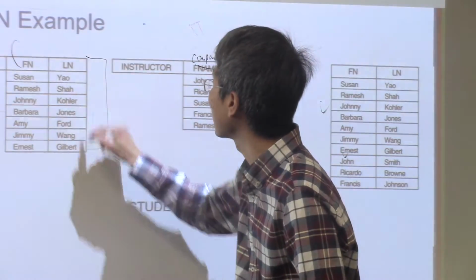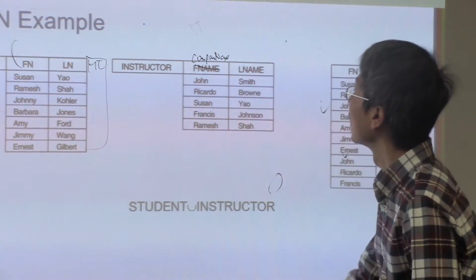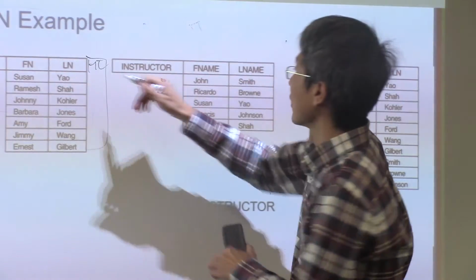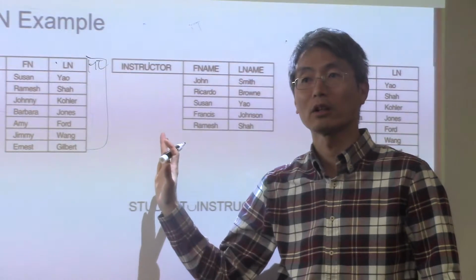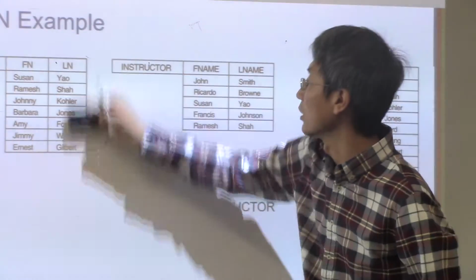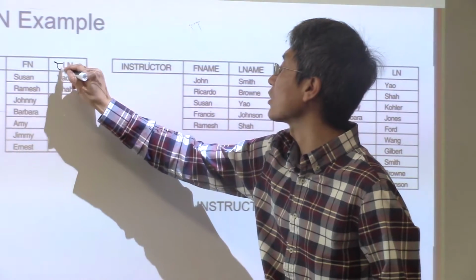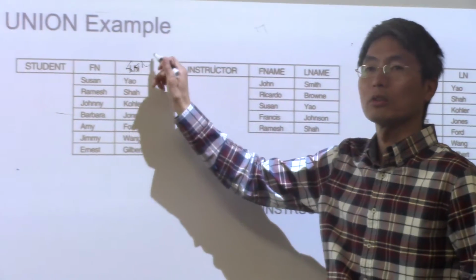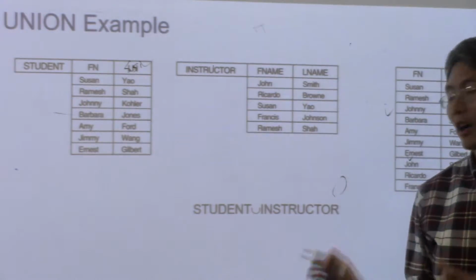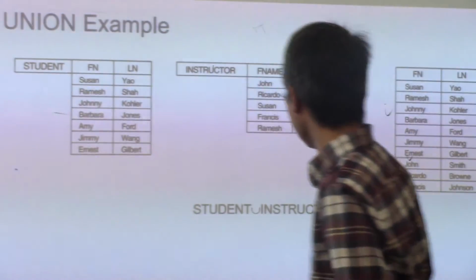However, if we have the middle name initial here, then union of student and instructor, no, you cannot do that, because it cannot be matched. Also, if we have an integer, not integer, a social security number here, no, this is a different type. So we cannot union this one.